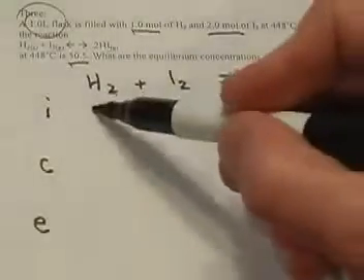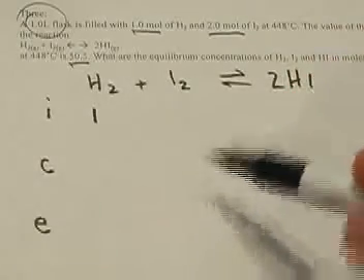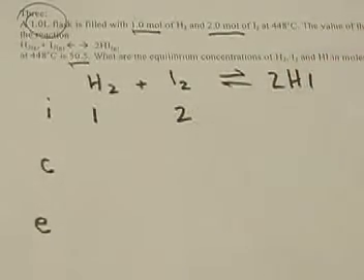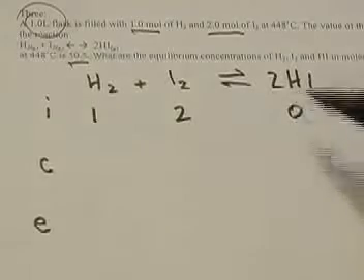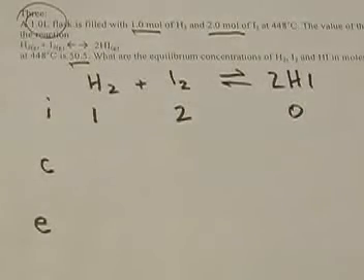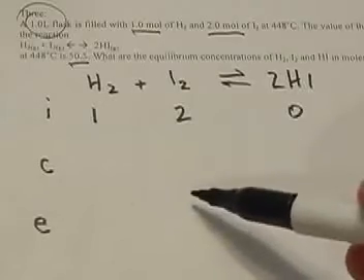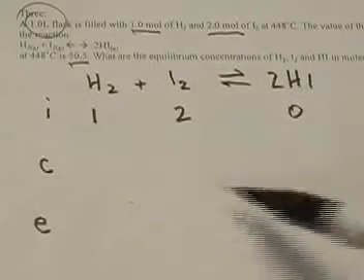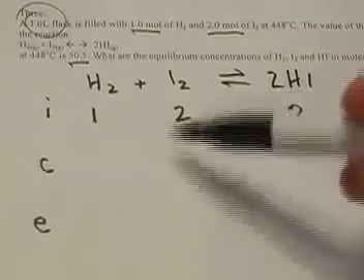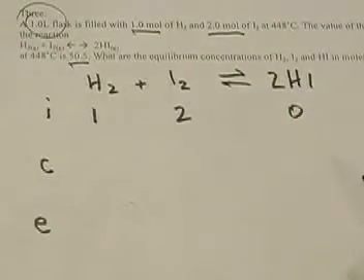We know that we start with 1 mole of H2, and we start with 2 moles or 2 molar of I2, and we start with none of this. It doesn't tell us any other information. It doesn't tell us the ending concentrations of H2, I2, or 2HI, or we could fill those in and then work backwards to figure out what the change is.